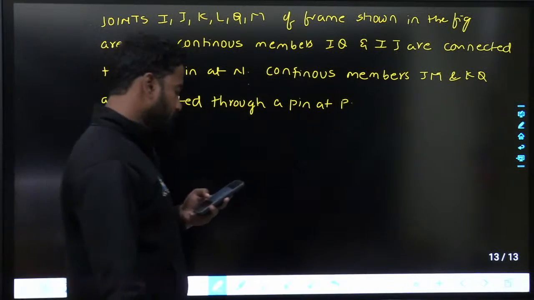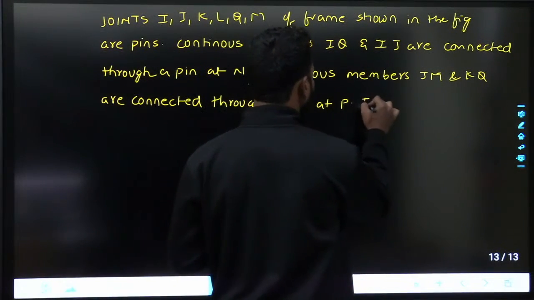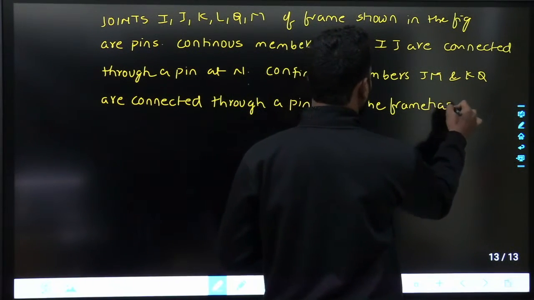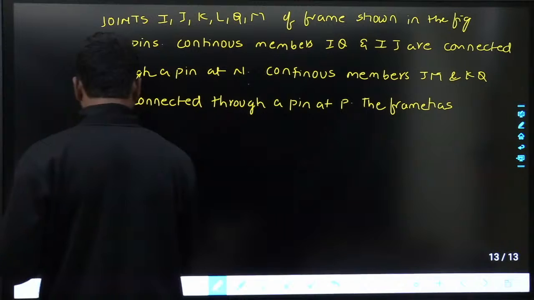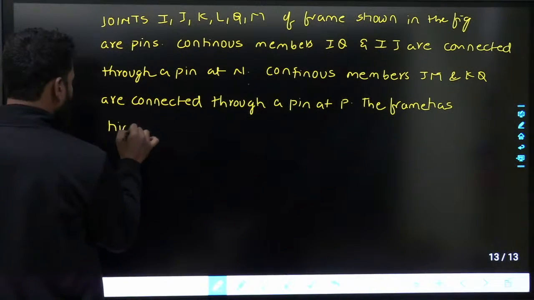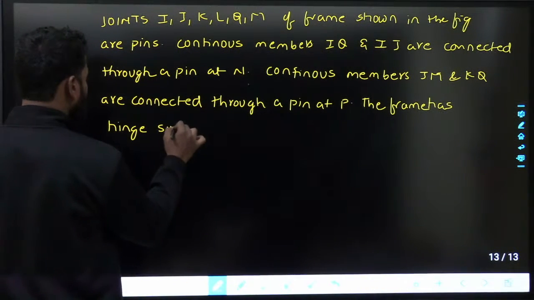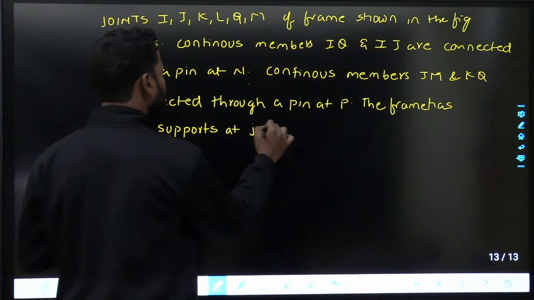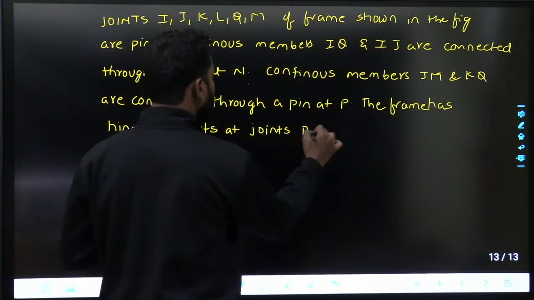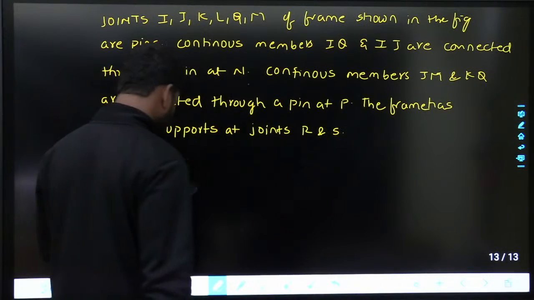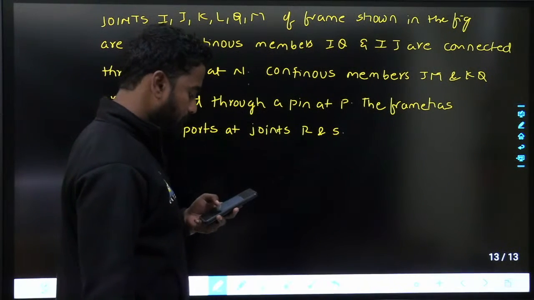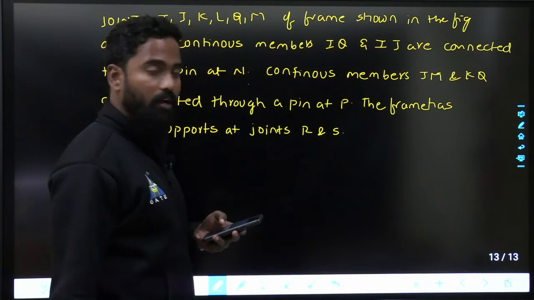The frame has hinge supports at joints R and S. Fine. The loads acting at joints I, J, K are along negative y direction.